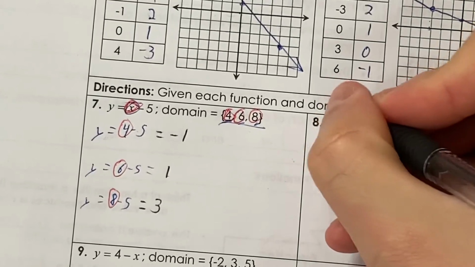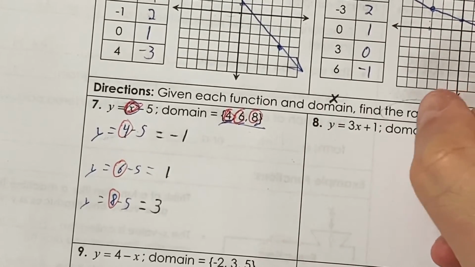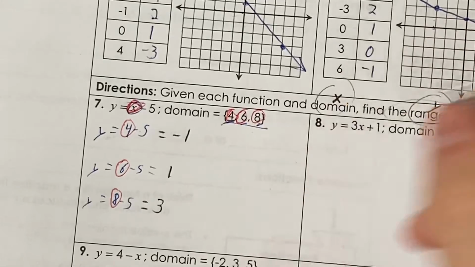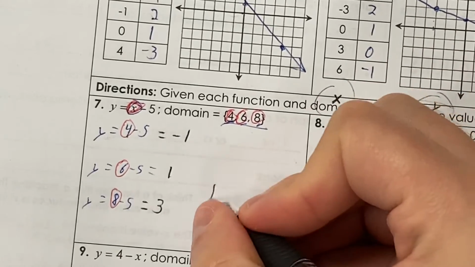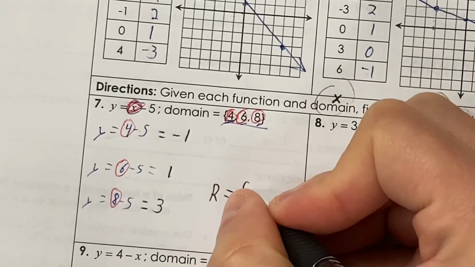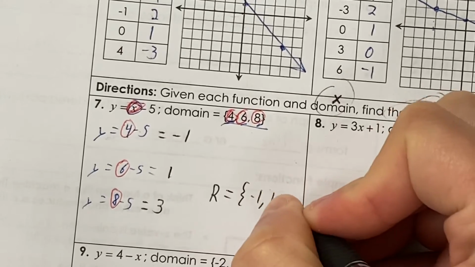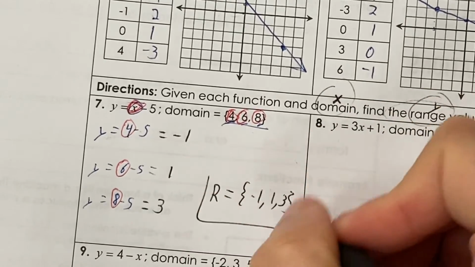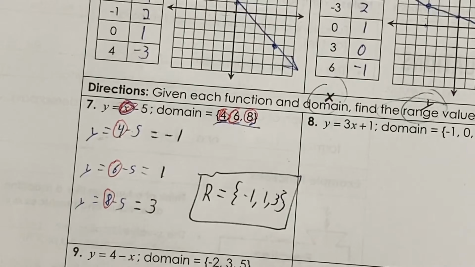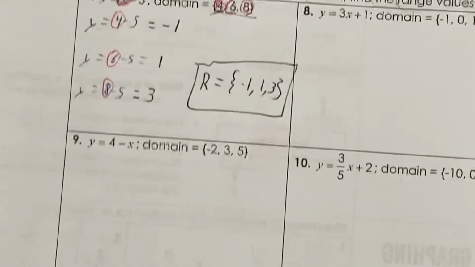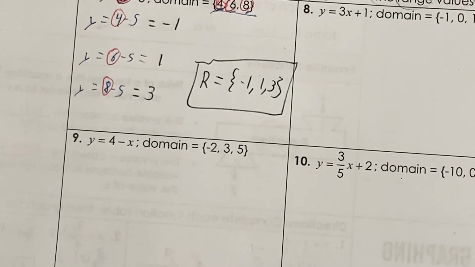Remember, domain is x values, range is y values. That's definitions. So it is saying what are the y values. Here we go. The range is equal to -1, 1, and 3. Done. And that's all you do. You plug them in, and you get the answers.